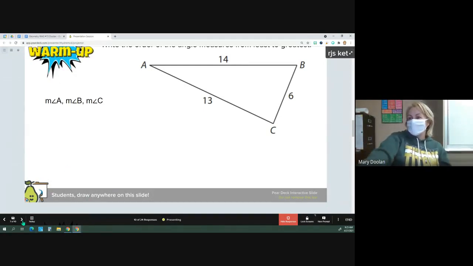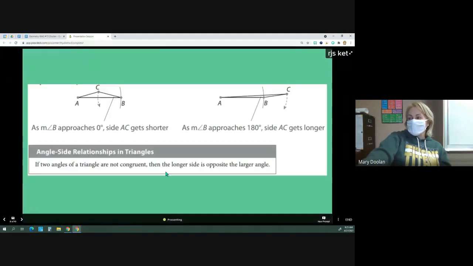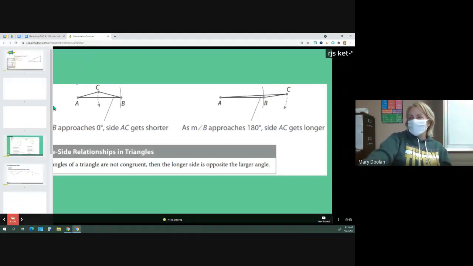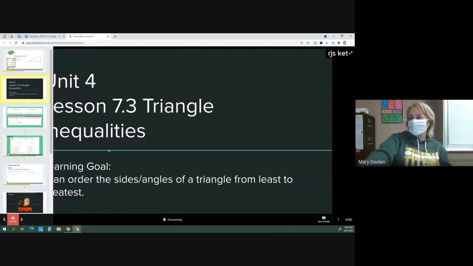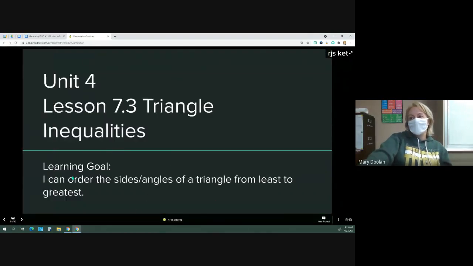Cool. All right. So we're going to keep going on with the same learning goal: I can order the sides and angles of a triangle from least to greatest. Yesterday we were listing the angle measures from least to greatest, and today we're going to list the side lengths from least to greatest.